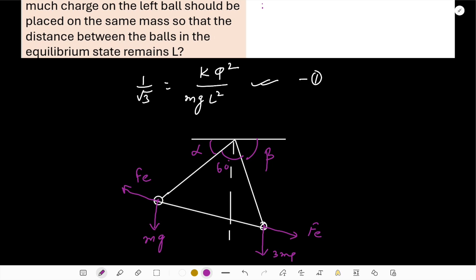So what can we do to further proceed now?